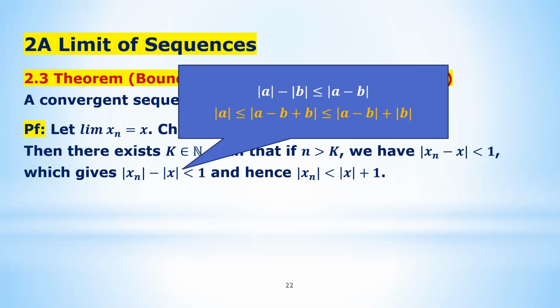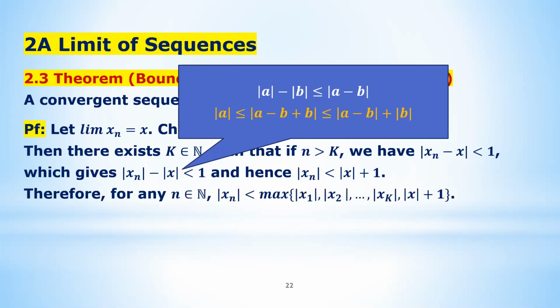The simplest way to include these terms is to redefine the number as the maximum of the absolute values of x1 to xK. Once I include x1 to xK, this number is big enough to control the first K terms. Then I also include the absolute value of x plus 1.